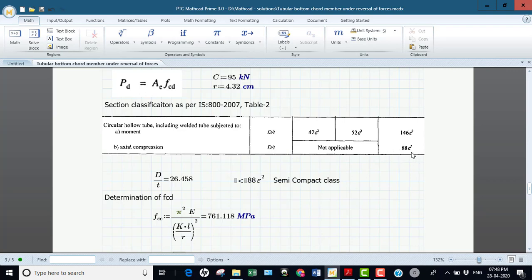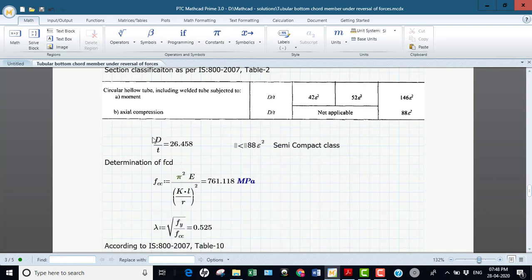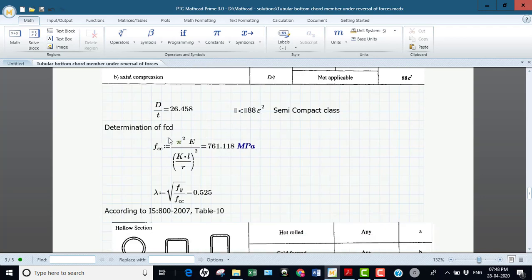If it is less than 88 epsilon square, then it is said to be semi-compact class. D is the outside diameter and T is the thickness of the wall, so you know the D by T ratio. It is less than 88, where epsilon is 1 for our case.